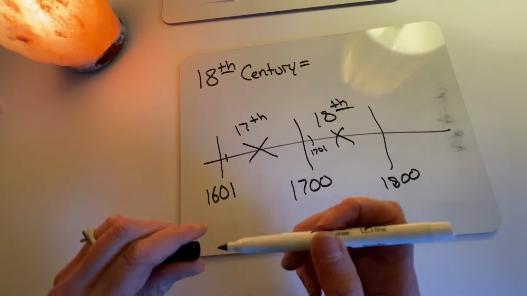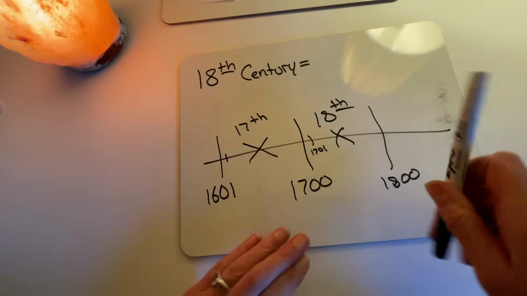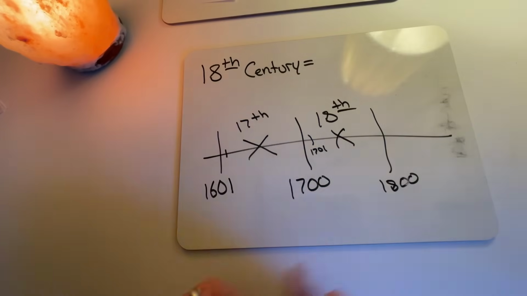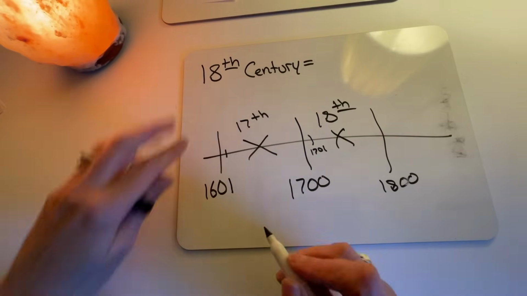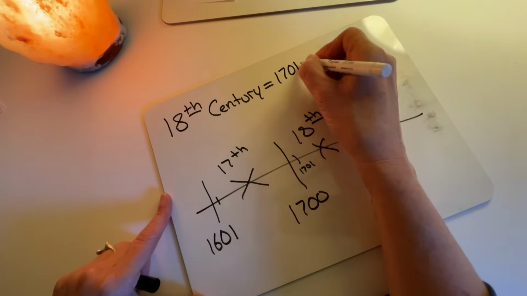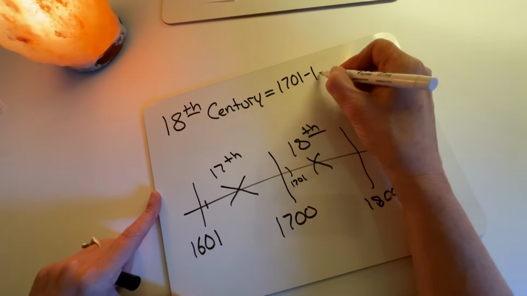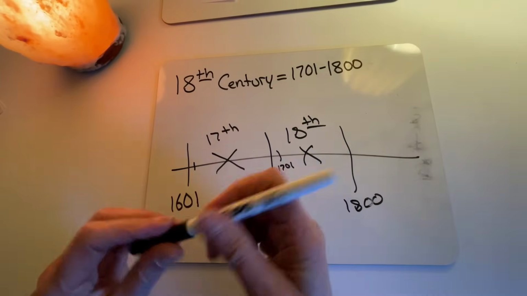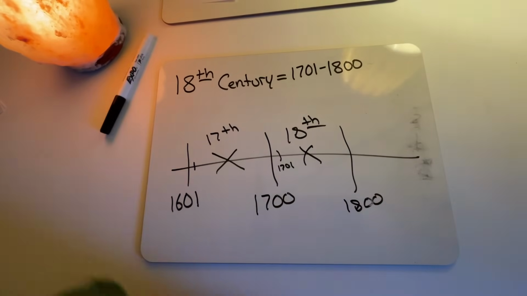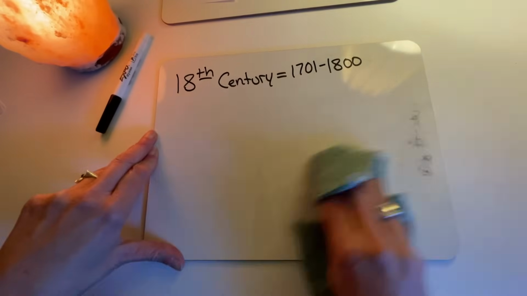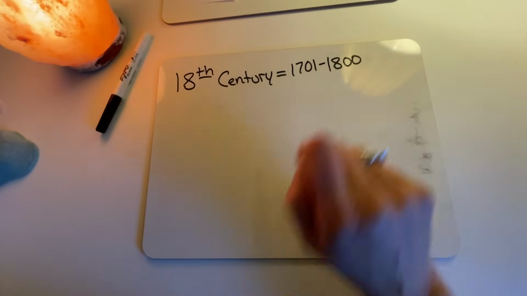So whatever this century ends with, then you take off those zeros and you know what century it is. So the 18th century runs from 1701 to 1800. So when people say, oh, it's an 18th century building, that means the building was built during the 1700s, unless it happened to be built during that year.